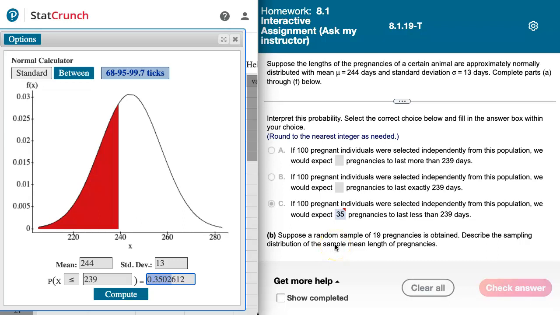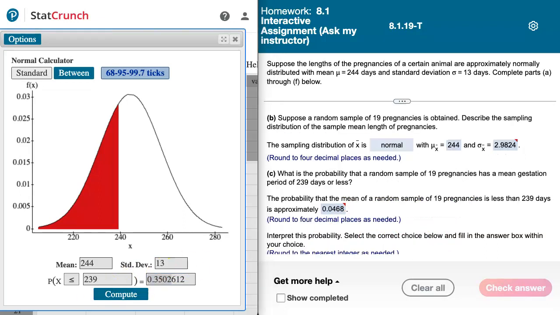Then we just need to make sure that we're matching up the correct statement. The original probability was that the pregnancy lasted less than 239 days, so we want to select part C and fill in the answer space with 35.